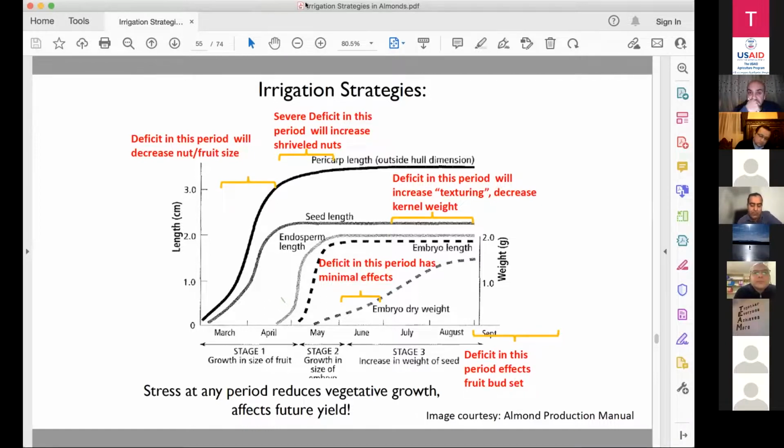Now, when you mention phenology, different stages obviously have different effects. It's usually recommended that you do not do any reduction at the nut set stage or the early development stage. Even a 10% reduction at nut set, the research has shown negative effects.